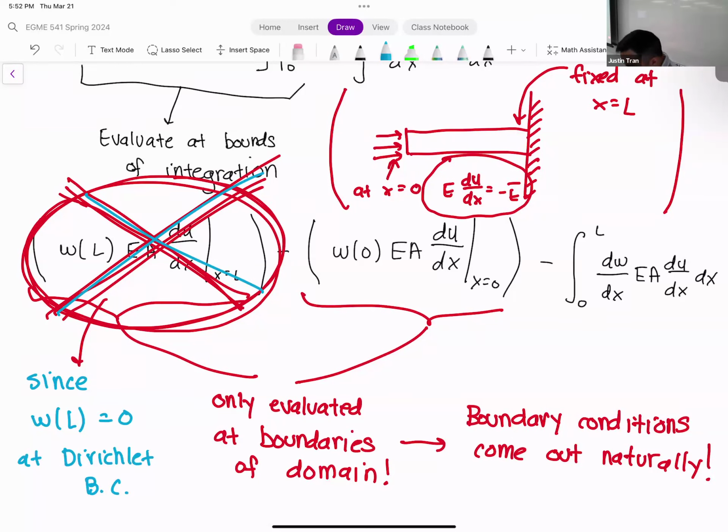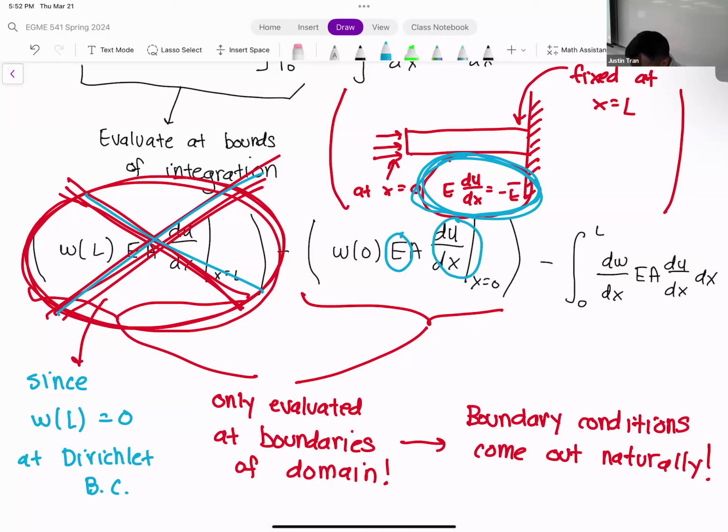So let's look at this other term. It's evaluated at x is equal to 0. And what do we have at x is equal to 0? We have this, right? We have the product of E times du dx must equal to minus t. And look what we have here. We have E, we have du dx.